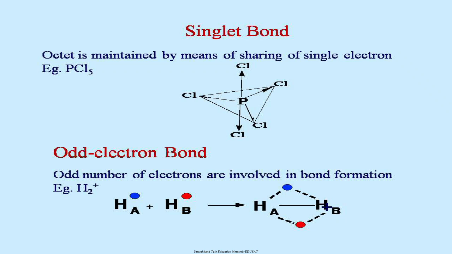For example, the hydrogen molecule ion: one hydrogen interacts with another hydrogen to form a hydrogen molecule, and from the two electrons of the electron pair, one electron gets removed and the bond remains as such, giving rise to an H2 positive molecule. So this is an odd electron bond.